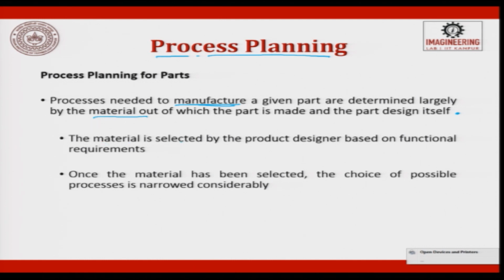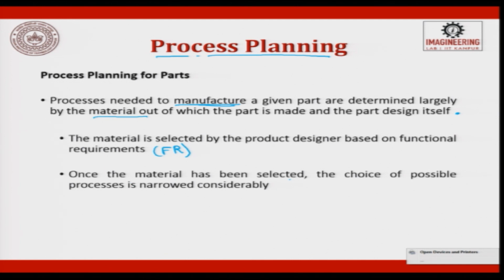The material is selected by the product designer based on functional requirements, FR. If you look at the voice of the customer, there itself we put these functional requirements, and they dictate what processes and what material has to be used.